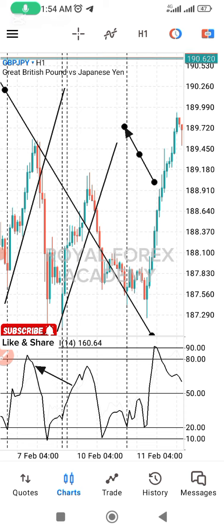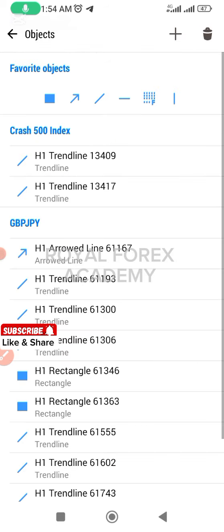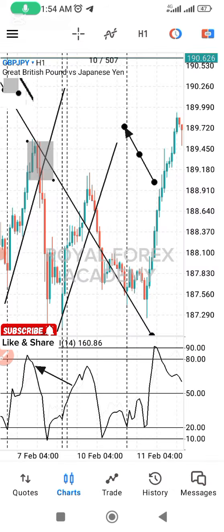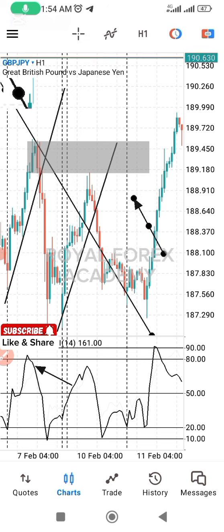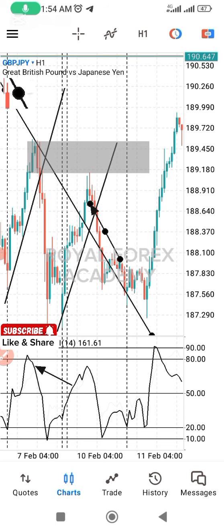And then remember, when this is happening, we will always mark also our point of interest. That is the other block there being marked. So look at when this price pushed to this upside, this price tap into that particular zone.